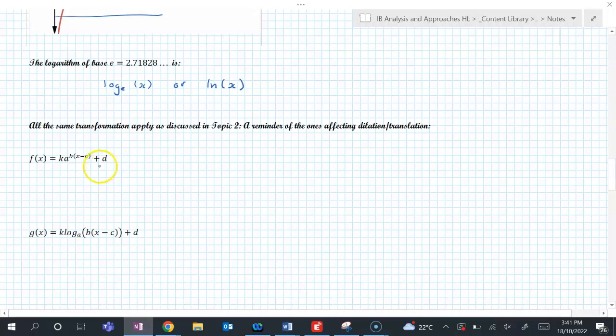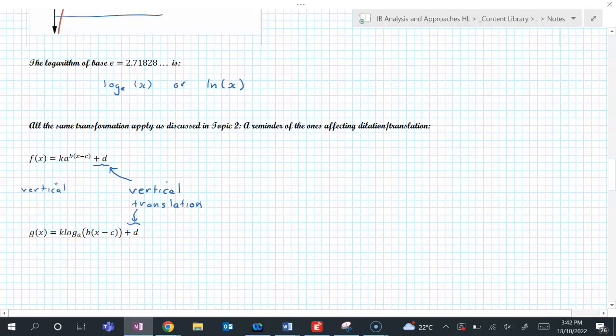So first of all, D is kind of the easy one. D is the vertical translation, moves the graph up or down. K is vertical dilation, so it stretches or compresses the graph vertically.